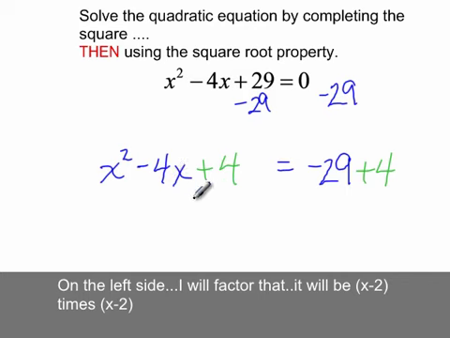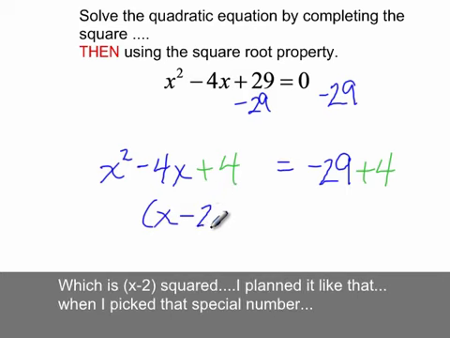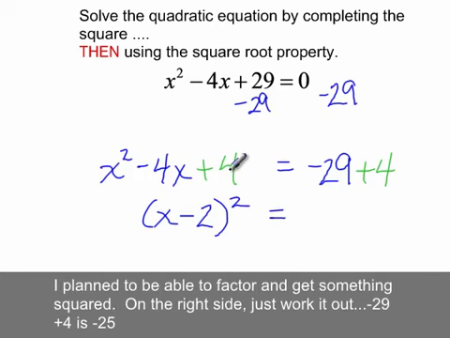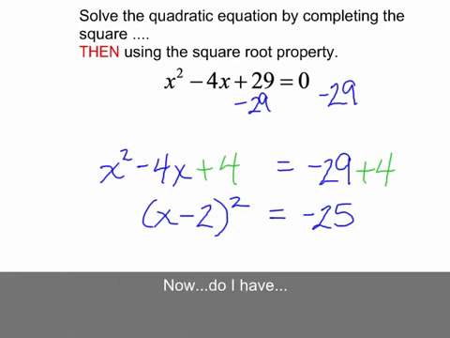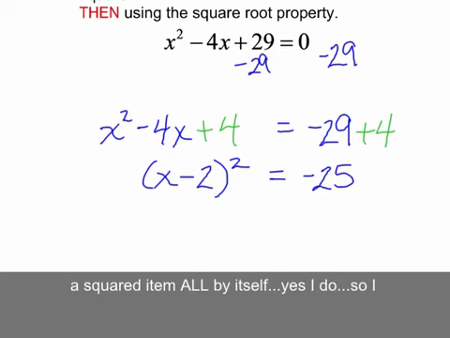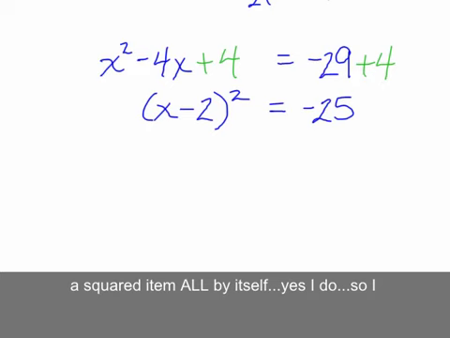On the left side, I will factor that. That will be x minus 2 times x minus 2, which is x minus 2 squared. I planned it like that. When I picked that special number, I planned to be able to factor right now and get something squared. On the right side, just work it out. Negative 29 plus 4 is a negative 25. Now, do I have a squared item all by itself?